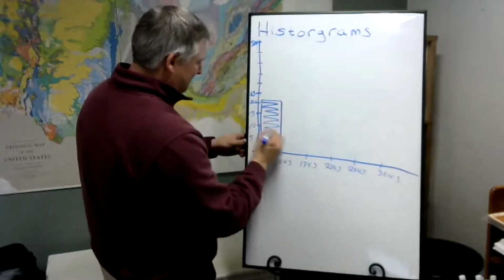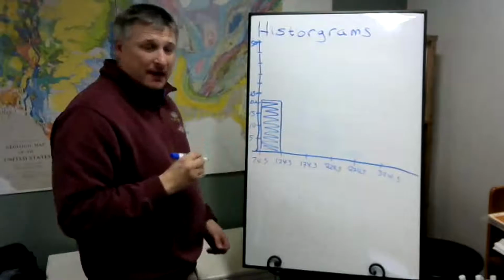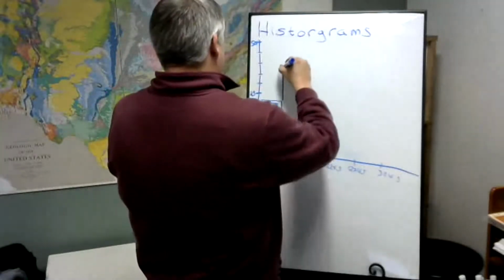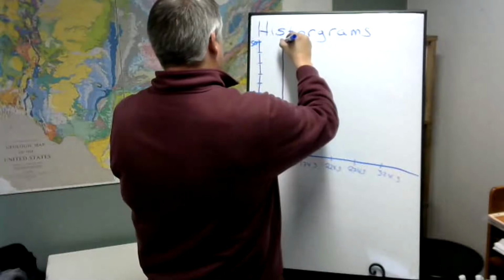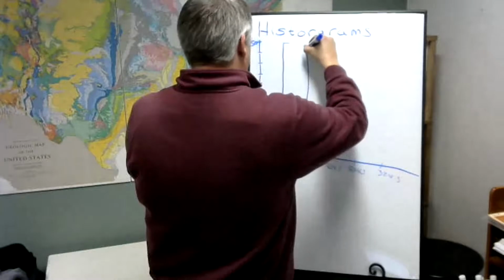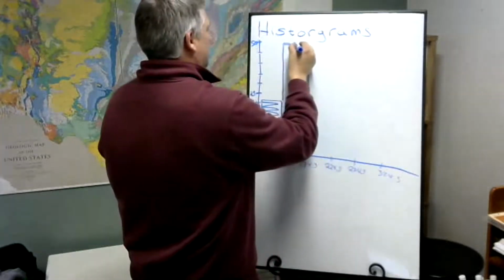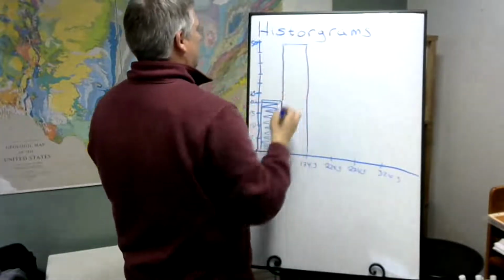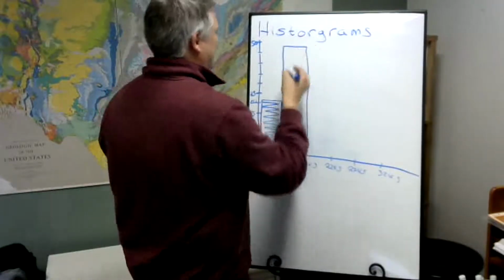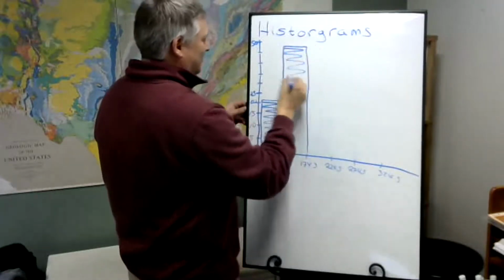And there we go, that's the first class. Second class, 48%, so almost a 50, just short. Sort of like that. So this would be 48%.